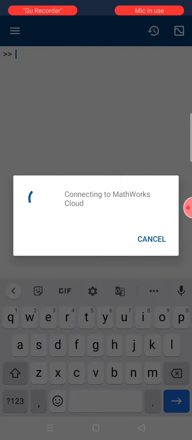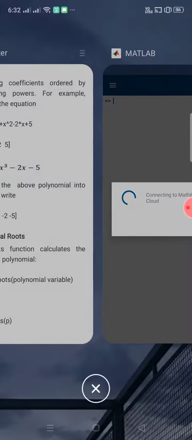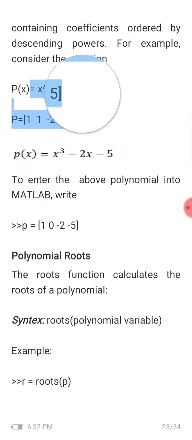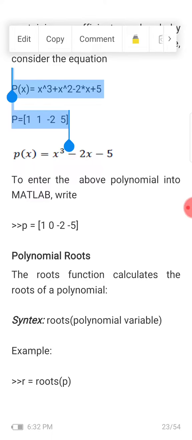So p equal to 1, 1, minus 2 and 5. So you can see here the polynomial can be written in coefficient form.